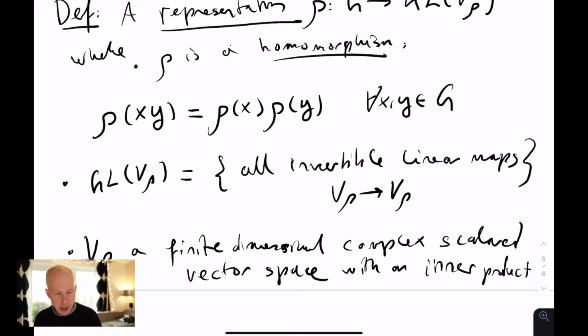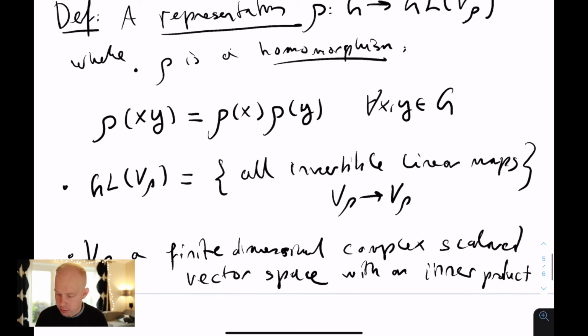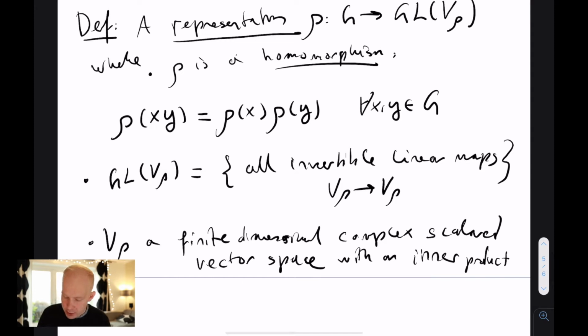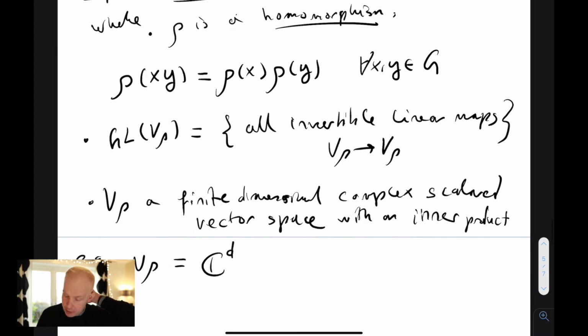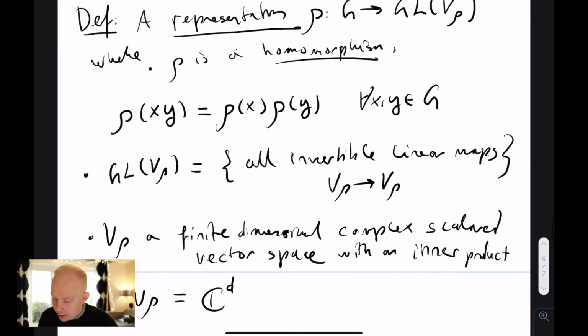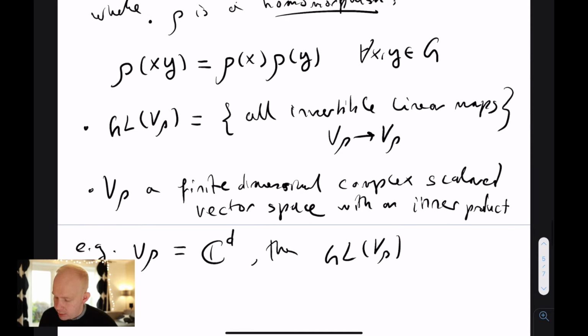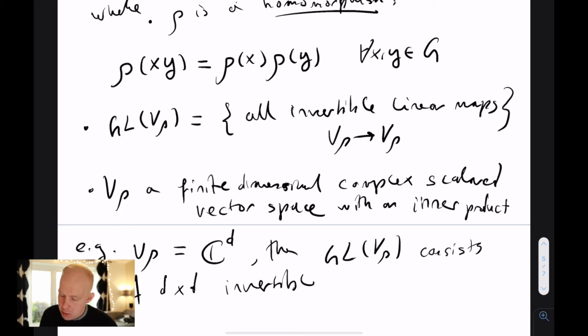So it's some vector space with an inner product in it. For example, V_rho could be C to the power d. That is an example of a vector space with an inner product using the complex numbers. And in that situation, this GL(V_rho) consists of d times d invertible matrices, because all the invertible matrices are identified as invertible linear maps from the vector space C^d to itself.